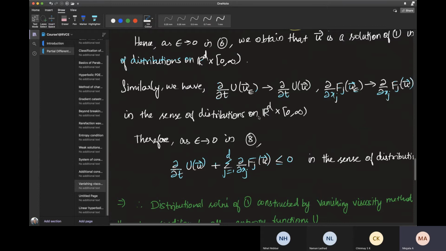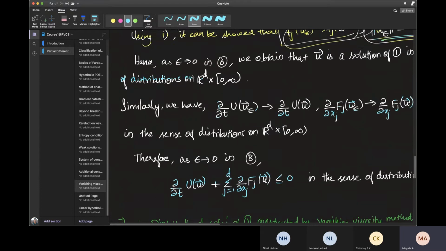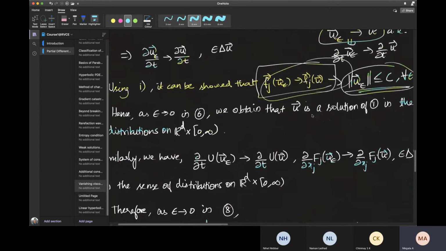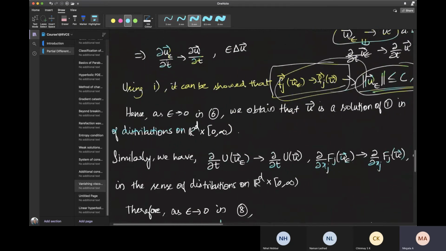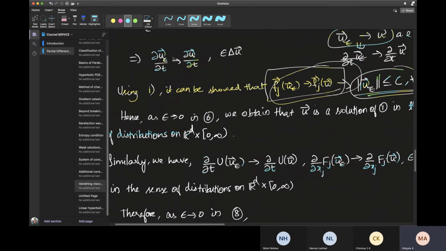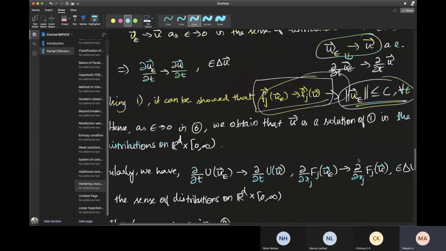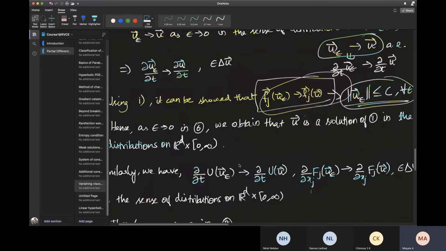By making these arguments that all of the derivatives in the epsilon viscous PDE approach the derivatives in the actual PDE, we can now link the epsilon viscous PDE with the weak form of the original PDE and the weak form of the entropy equation for the original PDE.